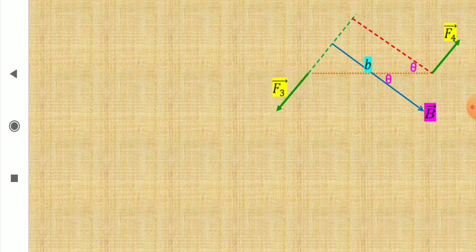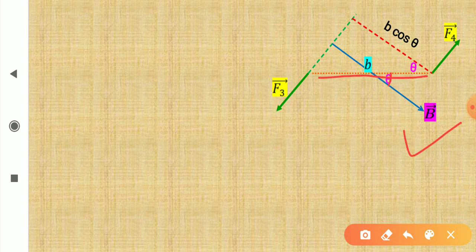If you look at this, the angle between this side B and the magnetic field B is theta, and if you drop this perpendicular, then you will get this alternate angle as theta. Now this side is B और एंगल के साथ वाला कॉम्पोनेंट हमेशा ही cos होता है. So B cos theta is the perpendicular distance between the forces F3 and F4. So these two things are required by us.